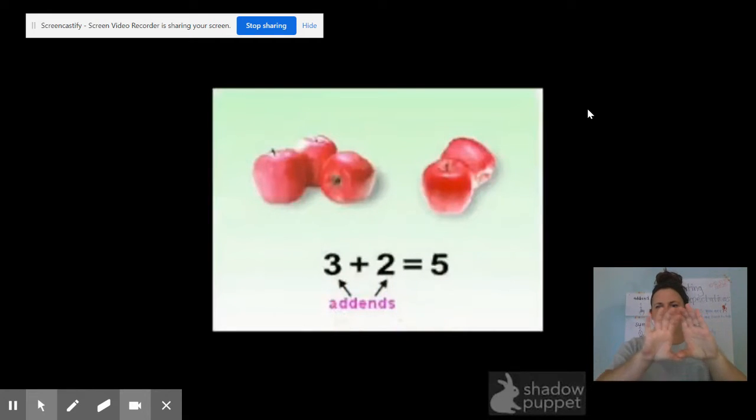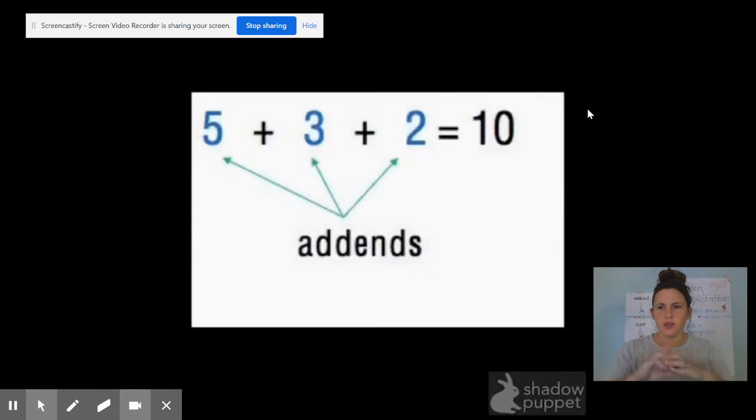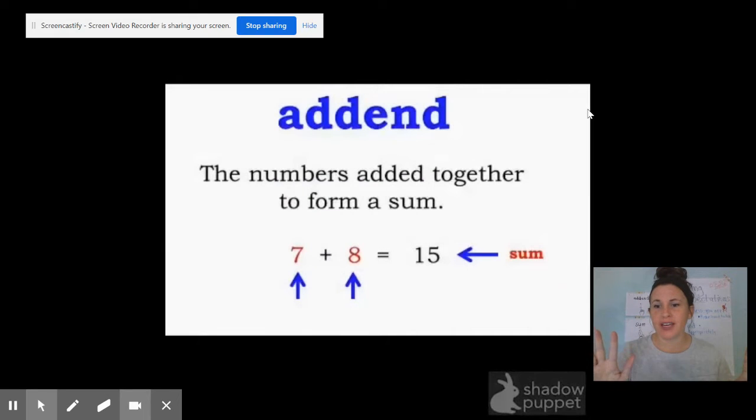And this equation is written long ways, but they're going to show you some that are written up and down. There's three addends in that one. So no matter how many numbers are added together, those will be the addends.